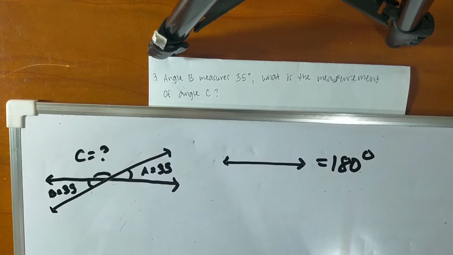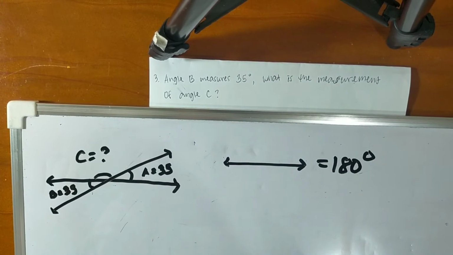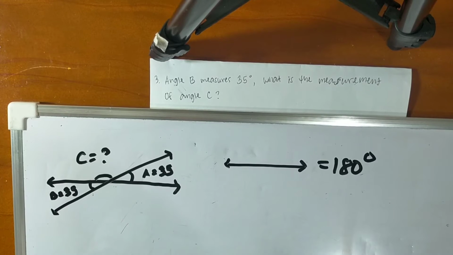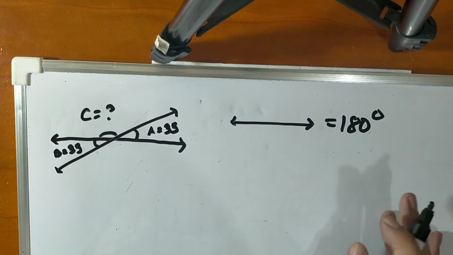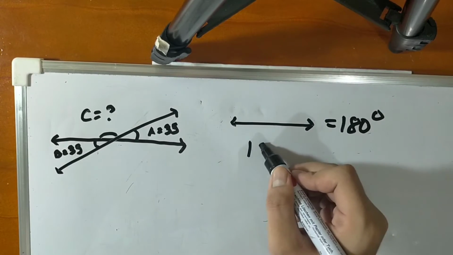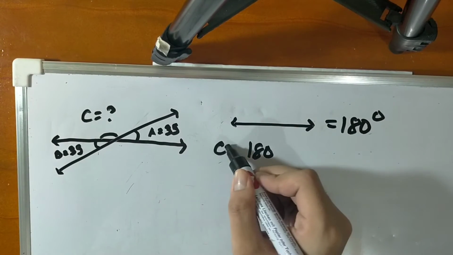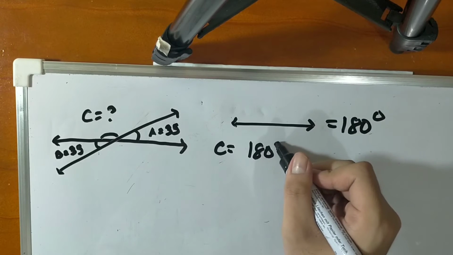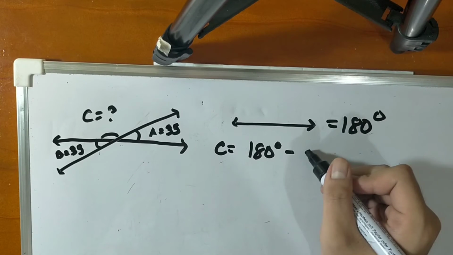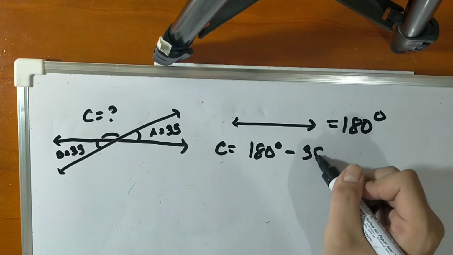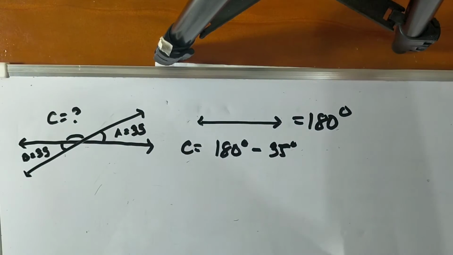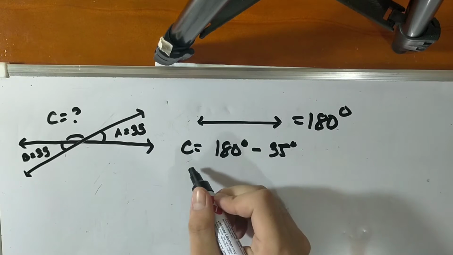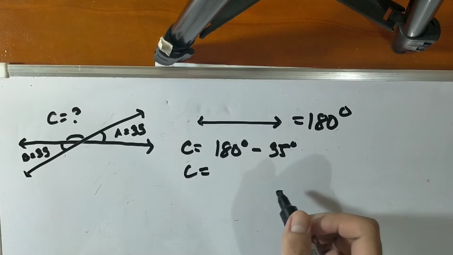As we know, a straight line is 180 degrees. Let's just cancel for a while angle A. To find angle C, we just focus on 180 minus 35, because 180 degrees is the measurement of the straight line.